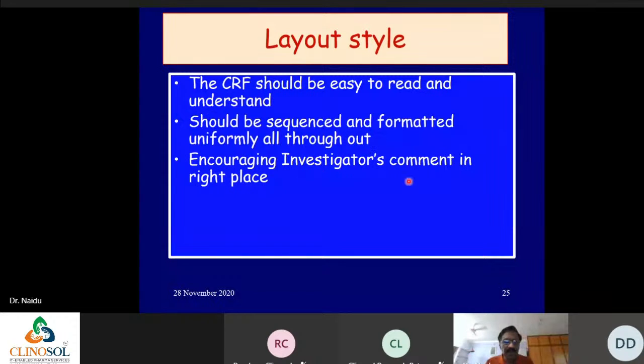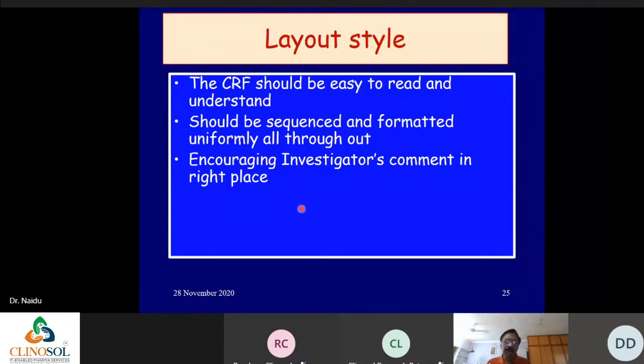Encouraging the investigator's comment in the right place. In each case record form, you should provide a very specific area for the investigator to put his comment and remark. Many times we see that case record forms are very nicely designed, but when we are actually filling them and some issue comes, there is no place. We end up writing on the bottom or the top.